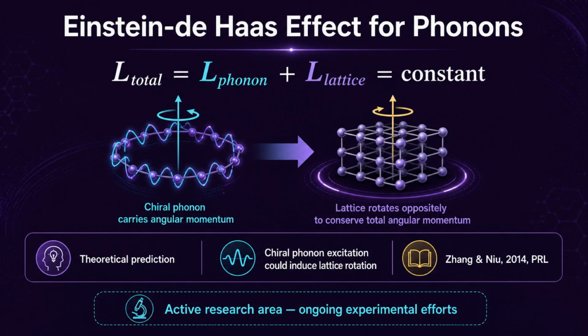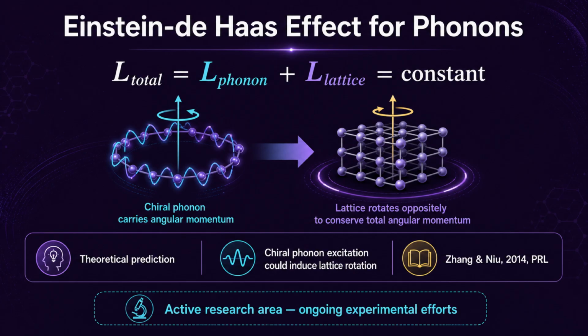The Einstein-de Haas effect demonstrates angular momentum transfer between different degrees of freedom. For phonons, excitation of chiral modes carrying angular momentum L phonon could induce mechanical rotation of the crystal lattice to conserve total angular momentum.